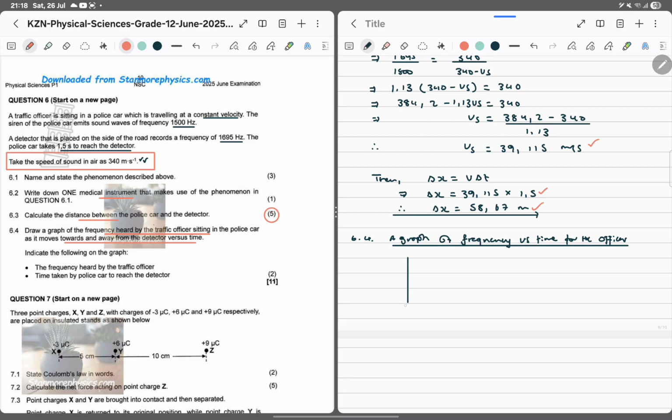And of course, this is going to be frequency in hertz, and this is going to be time in seconds. Of course, guys, this guy is going to hear a constant frequency straight up all the way.